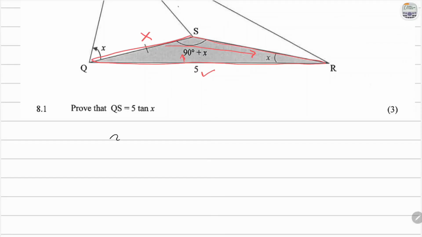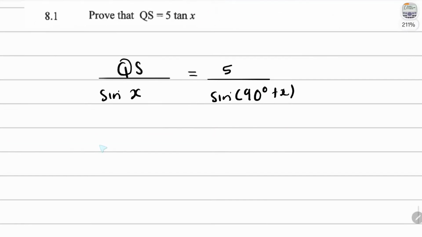We'll make QS the subject. So QS over sine of the angle opposite it, which is X, is equal to, and you have to follow the same order, side over sine angle, so 5 over sine of 90 degrees plus X. Now we make QS the subject by multiplying both sides by sine X, so we're really just transposing it.